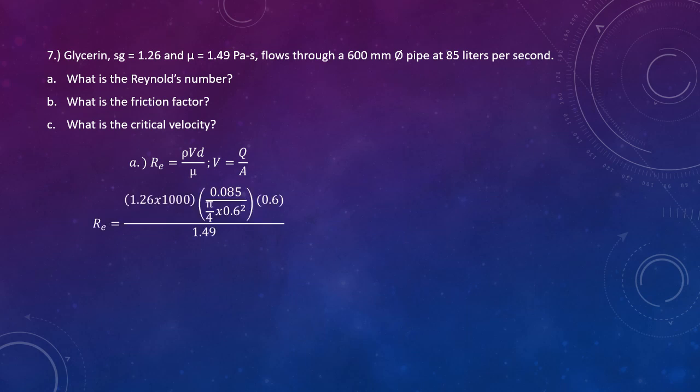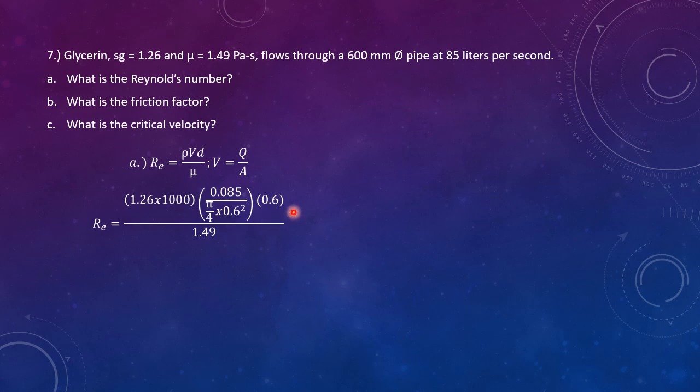Substituting, the density is equal to 1.26 times the density of water, which is 1,000 kilograms per cubic meter. The velocity is equal to discharge over area, wherein the discharge is 0.085 cubic meter per second. The area of the circle is pi fourths d squared, wherein the diameter is 0.6 meter.